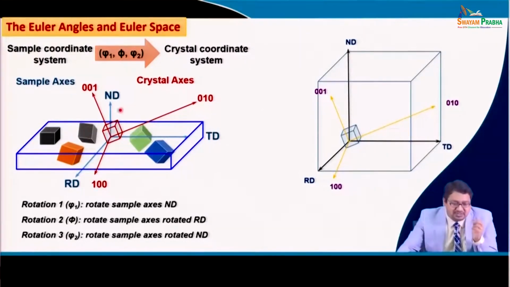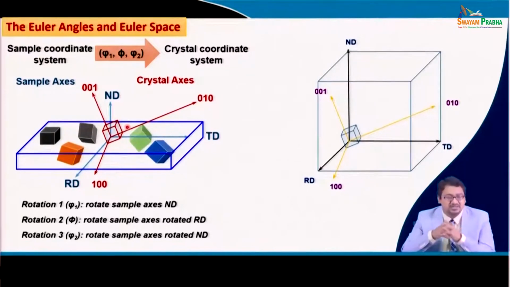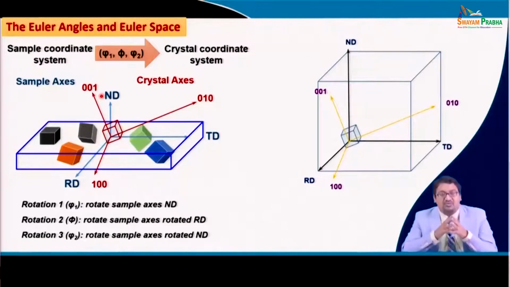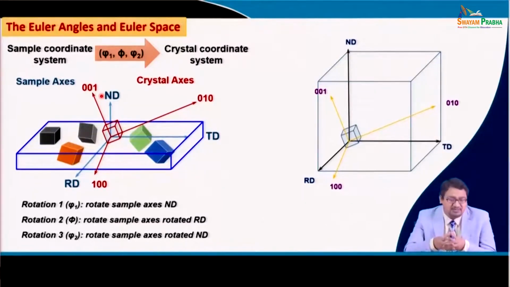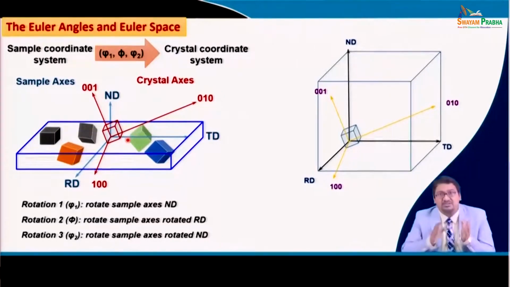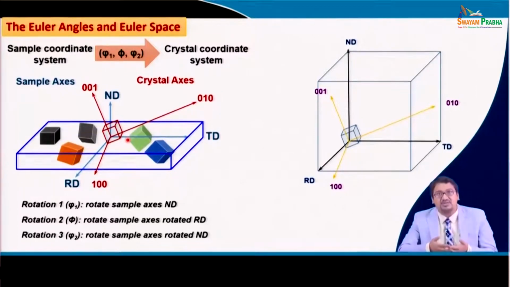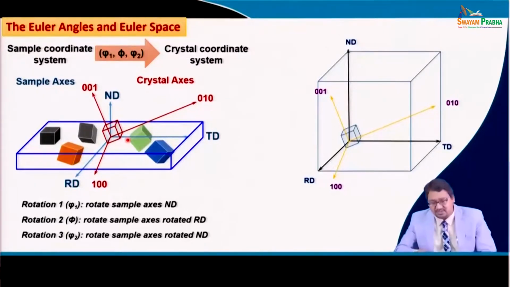So, we will consider that this is the most intensified texture in the material. Now, if this is R d, this is T d and this is N d, and if this crystal has the coordinate system 1 0 0, 0 1 0, 0 0 1 like this, then how do we find out the rotation sequence proposed by Bunge, that is the rotation sequence phi 1, phi, phi 2, in order to take this sample coordinate system into the crystal coordinate system.